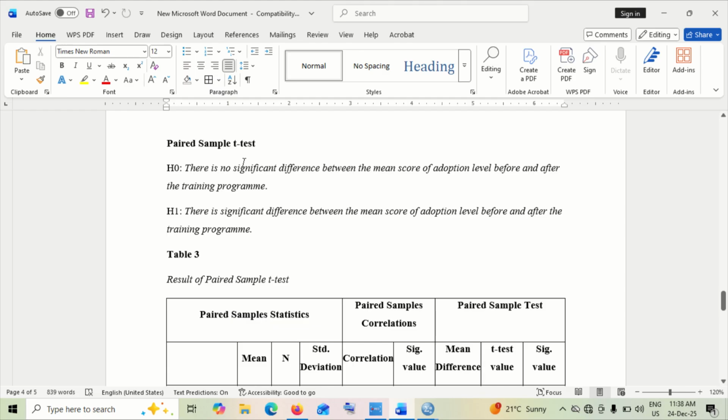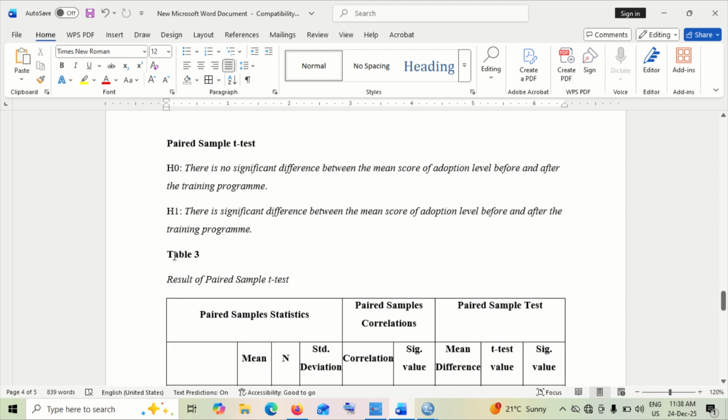Then first of all, we have to set null and alternative hypotheses. The null hypothesis: there is no significant difference between mean score of adoption level before and after the training program. The alternative hypothesis: there is significant difference between mean score of adoption level before and after the training program.